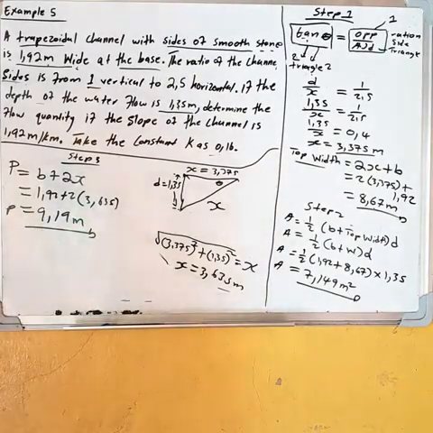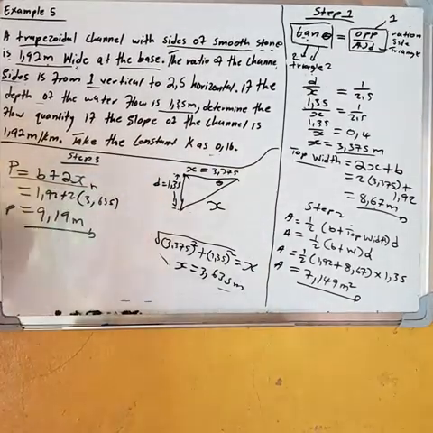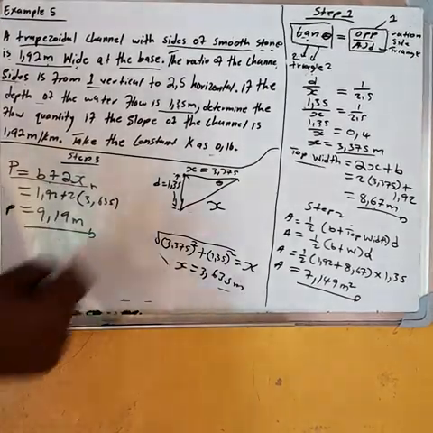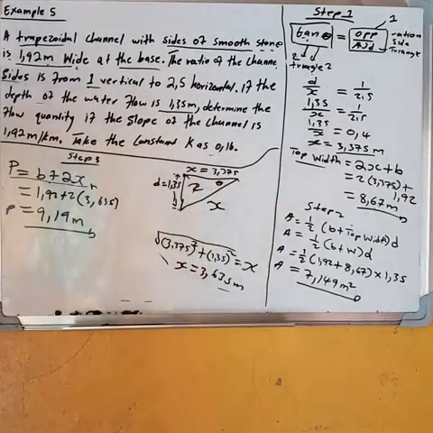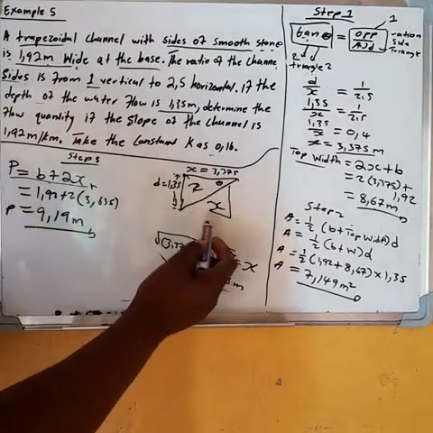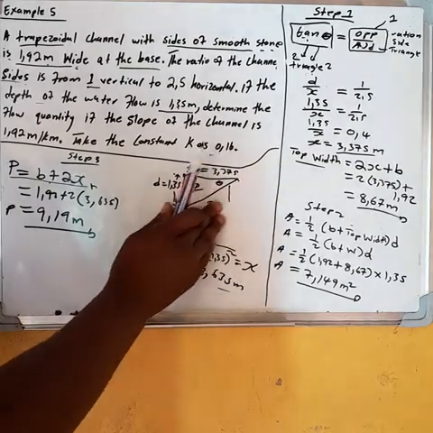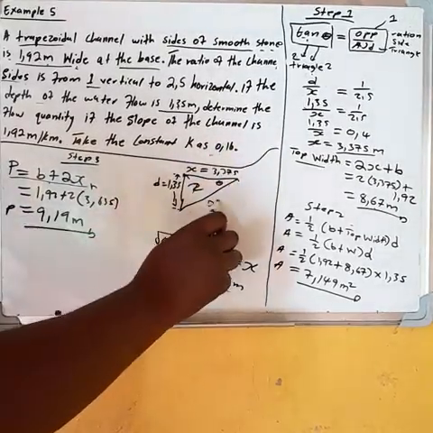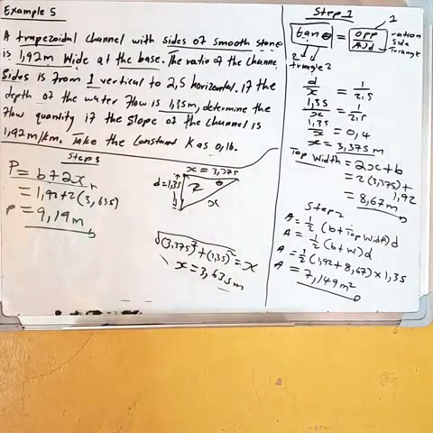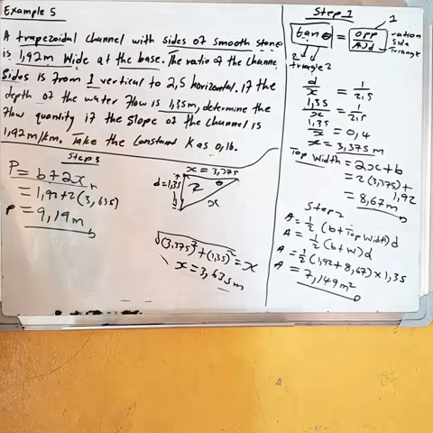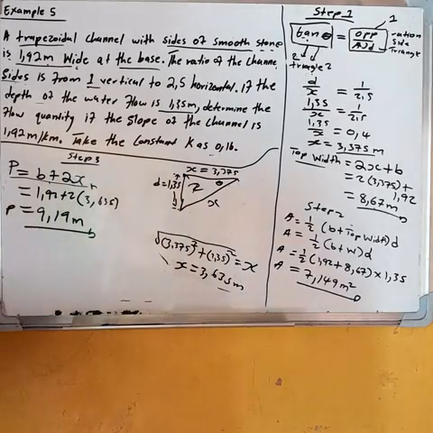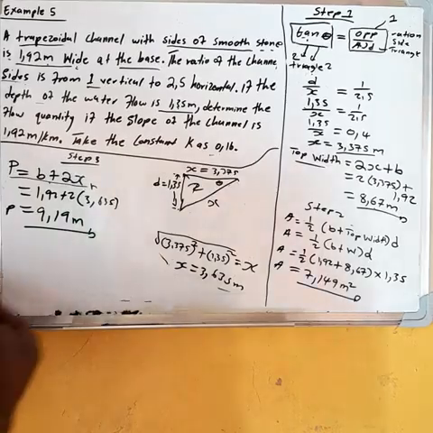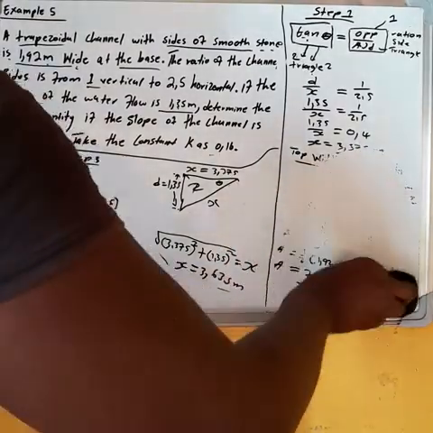That is our perimeter. Here replace it with x. Use this formula: P is equal to base plus 2x. Use the Pythagoras theorem from the big triangle 2. Remember we had triangle 1, but now we're focusing on triangle 2. You understand? Fine. Now since you had that, let us erase here.